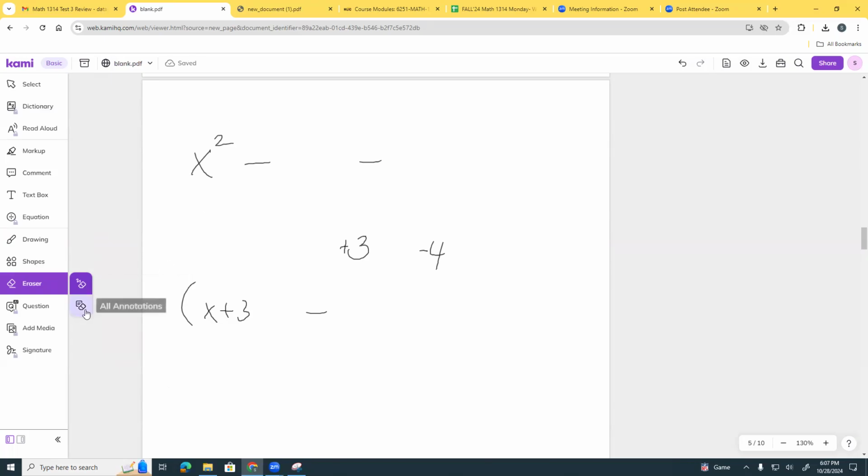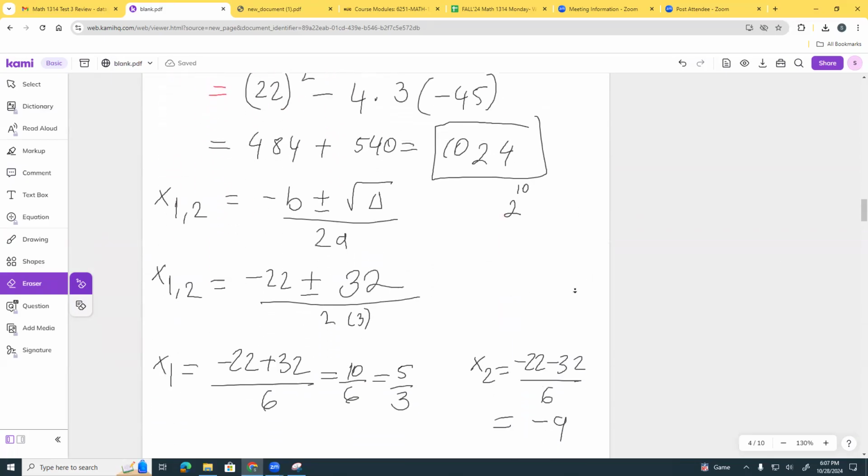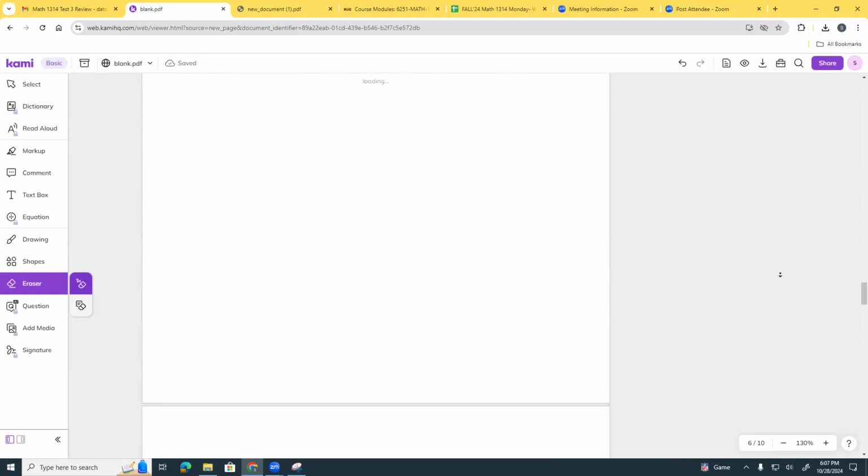Is this the drawing shapes? Okay. Go away, go away. Why are you not going away quickly?